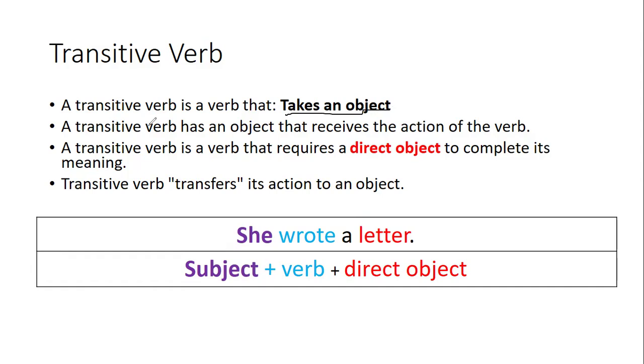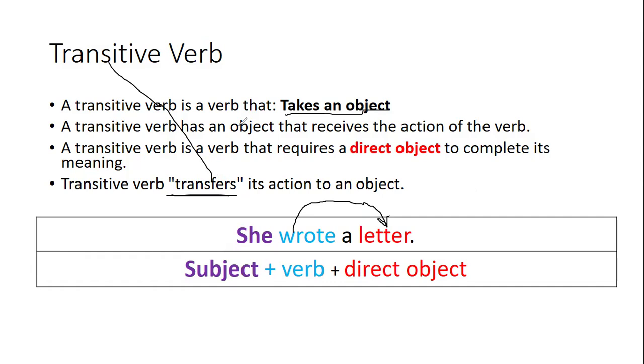Or you can say a verb transfers its action to an object. For example, she wrote a letter. Now, this action wrote, or you can say this verb, which is showcasing some action, this action is transferred to an object. That's why, since the transferring is happening, transition is happening. So, these verbs are called as transitive verbs.